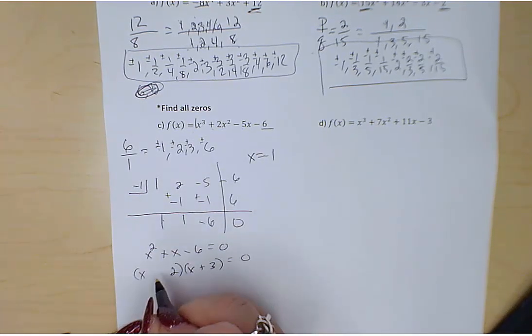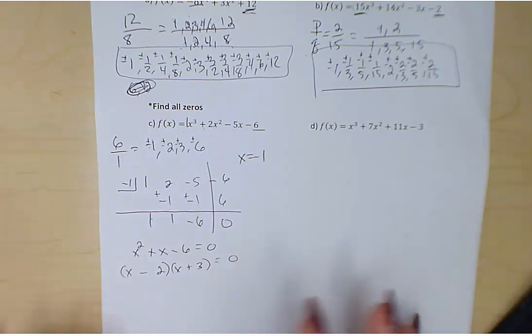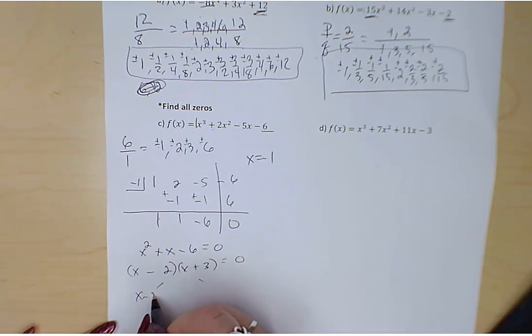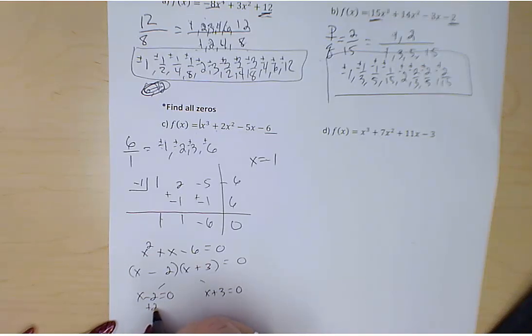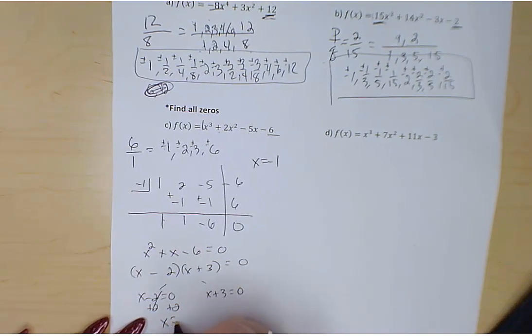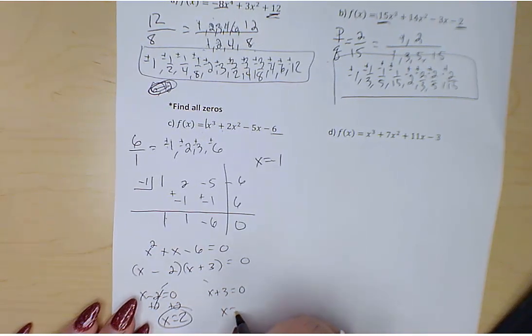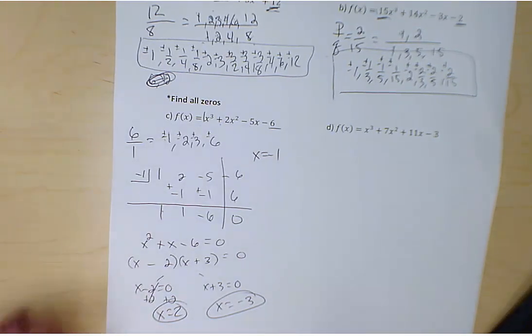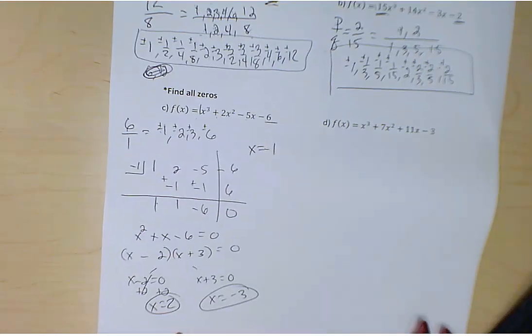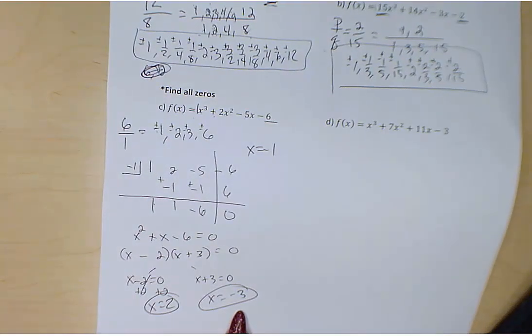Let's put the plus on the 3 and the minus on the 2, and it looks like this does work out. So when we split our factors, set them equal to 0, and solve, we do get that x is a 2, and then x is a -3. So our 3 solutions here are -1, 2, and -3.